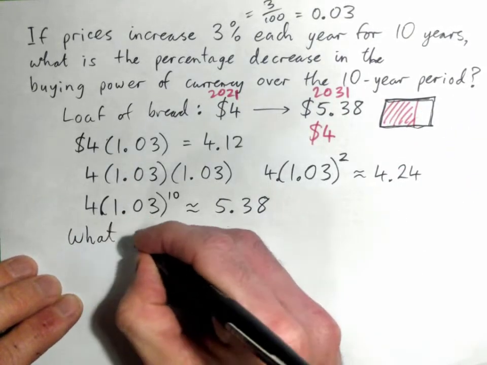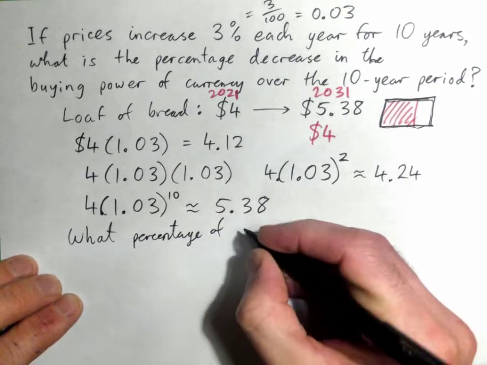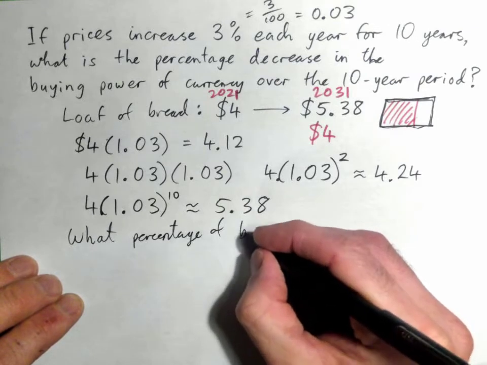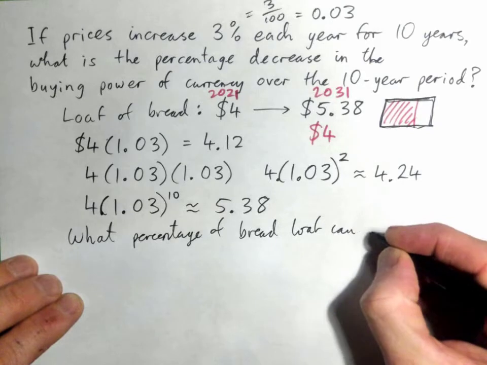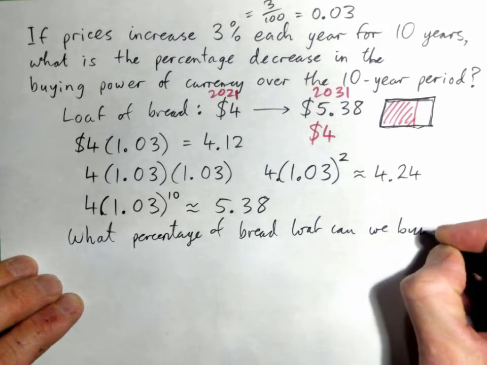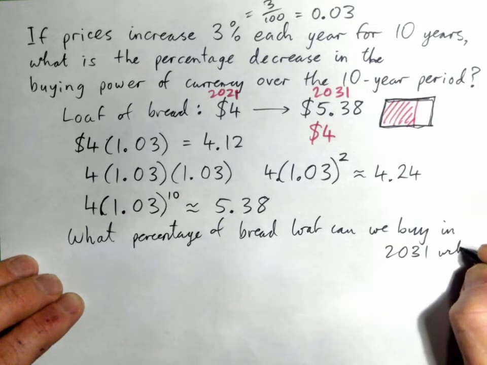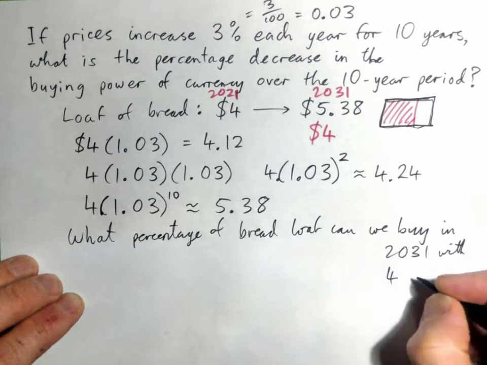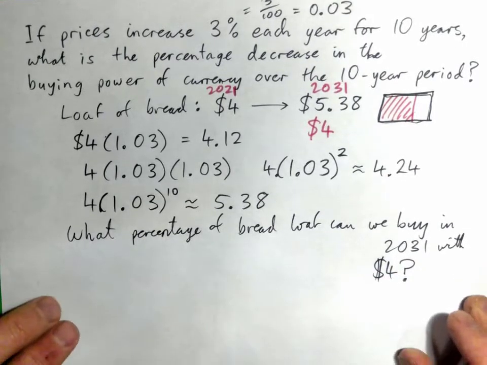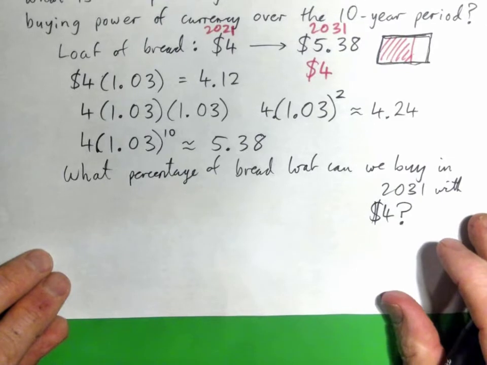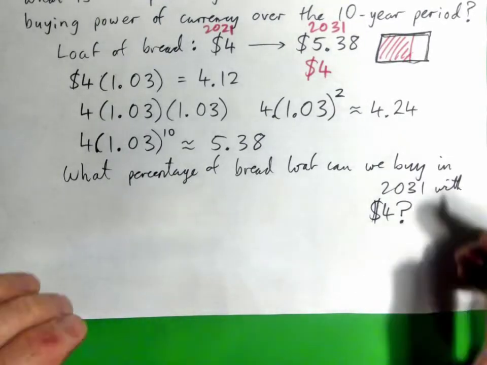What percentage of the bread loaf can we buy in 2031 with $4, right? That's what I'm asking. What percentage of the same loaf of bread can we buy in 2031 with just $4, right?